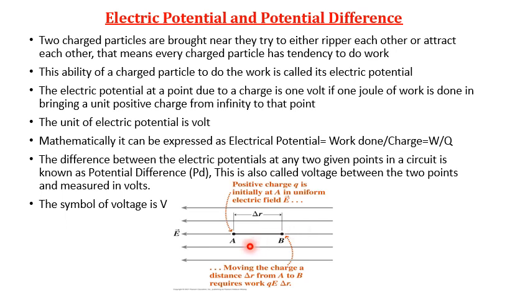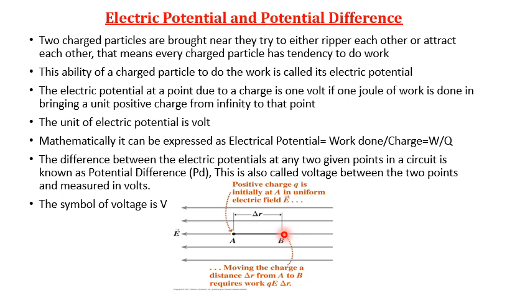A positive charge Q is initially at A in a uniform electric field. Moving the charge a distance delta R from A to B requires some work.